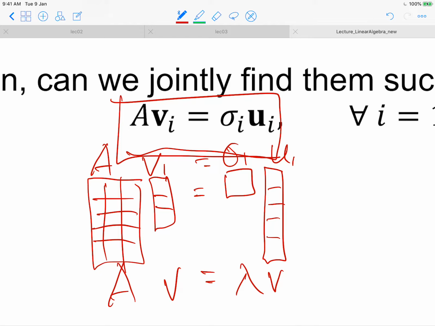So we have 3 orthonormal vectors in the input domain, and the same number of left singular vectors, where each of them corresponds to the other, right? The main point is that matrix multiplication is simply converted into scalar multiplication.